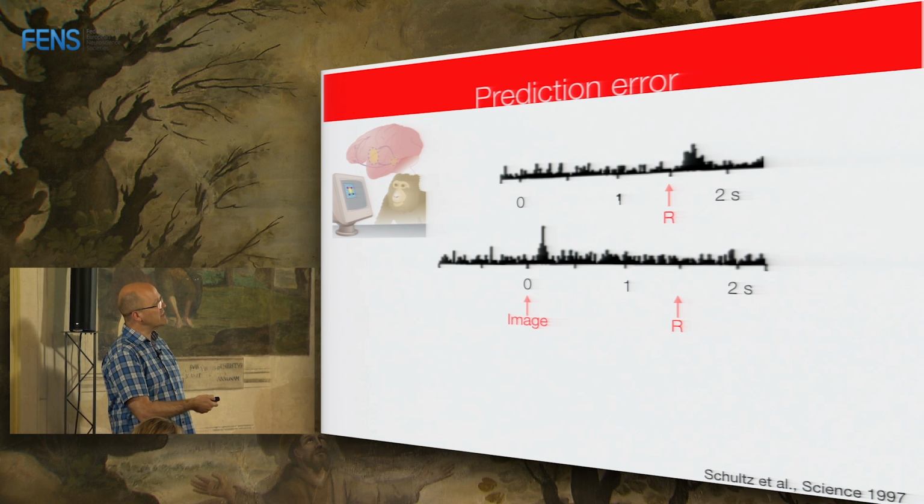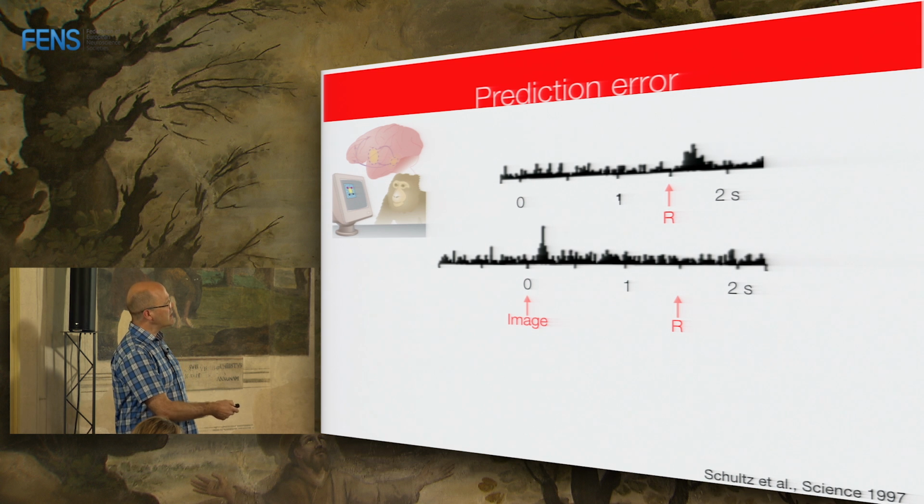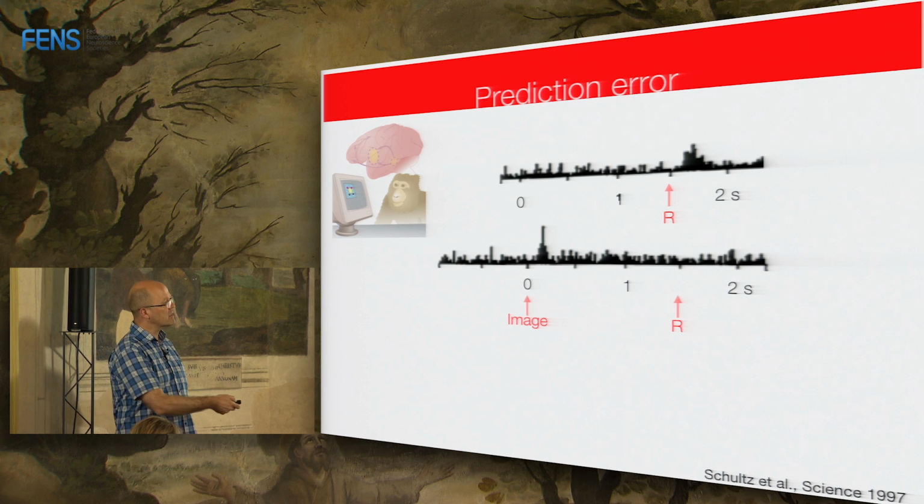The idea is that the monkey does not predict the reward, receives a reward, and so there is a prediction error. Here, the animal does not predict the conditioned stimulus that comes by surprise, so there is an activation. But here, the reward is entirely predicted, which is why there is no reaction.